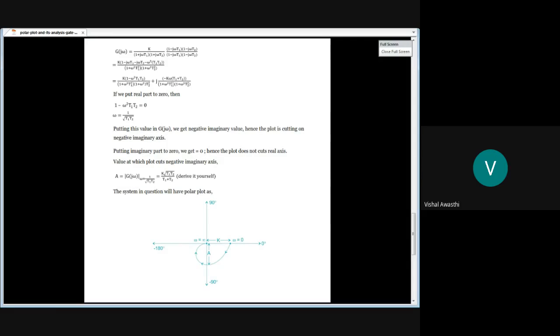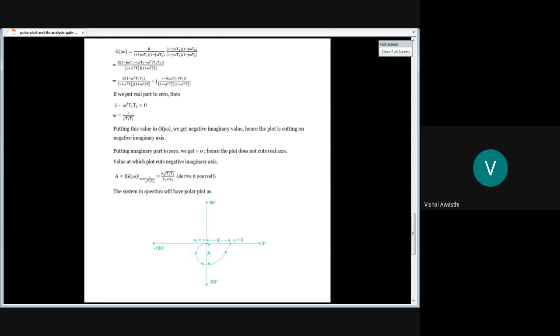To rationalize it, whatever complex number is in the denominator, multiply and divide by the conjugate of that complex number in the numerator as well as the denominator, and simplify.